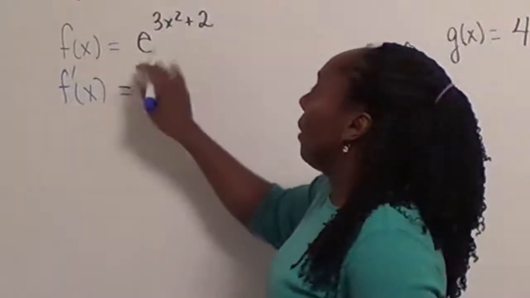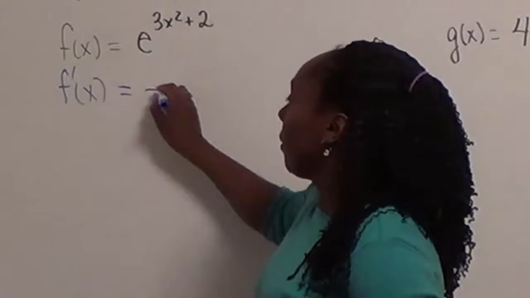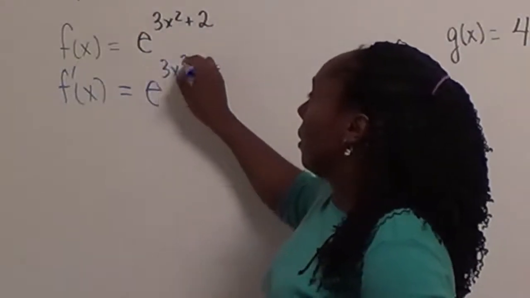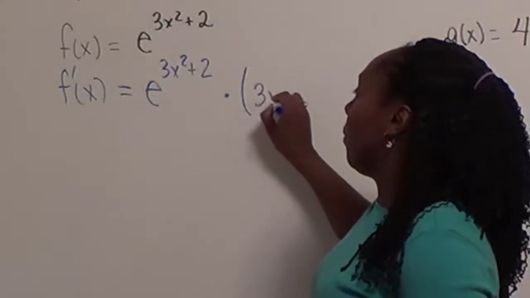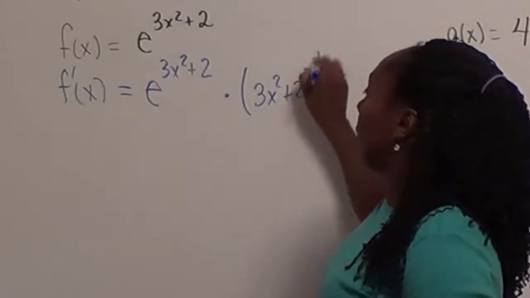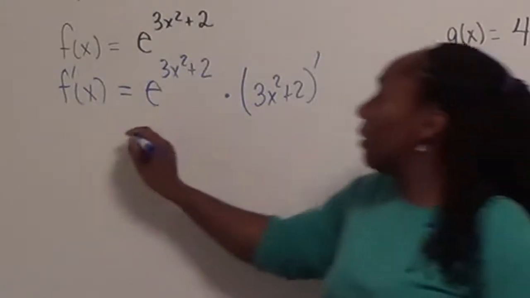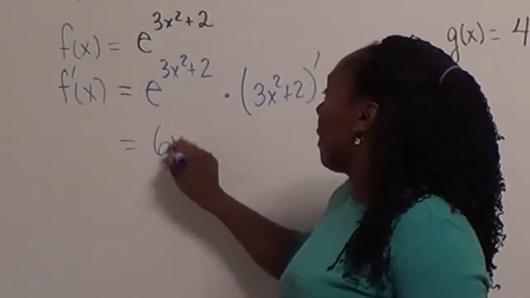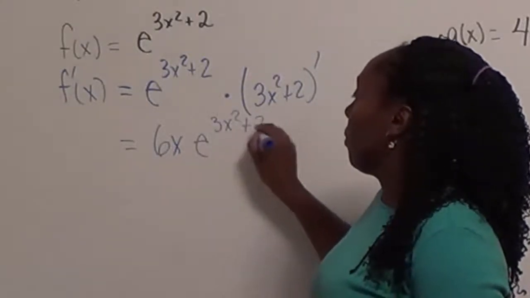Again, we'll start by applying the exponential property, which says e to the u, the derivative is e to the u, times the derivative of the u. And so here our derivative is going to be 6x e to the 3x squared plus 2.